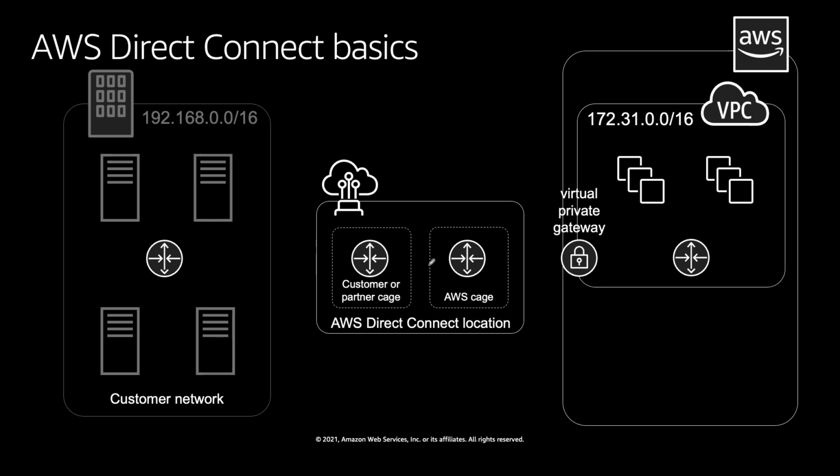You can check our website for where we have these locations, but basically these are places where we have lots of networking gear, routers and all of that. You can connect your data center which is nearest to these Direct Connect locations to the ports available in our routers.